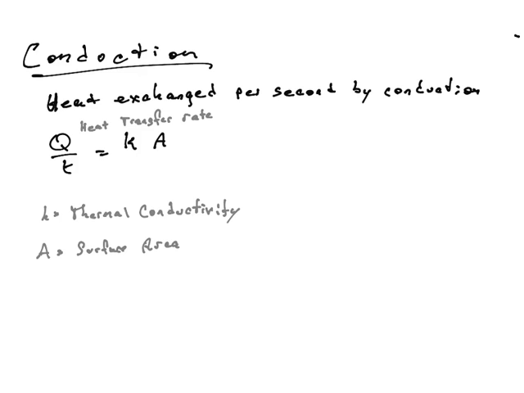Same thing, for instance, with, let's say, a glass of water. If you have a glass of water that's hot and you put some ice in it, the ice and the water are in physical contact, so heat is conducted out of the water to melt the ice. Well, we can see when we do this, the ice melts very, very quickly.